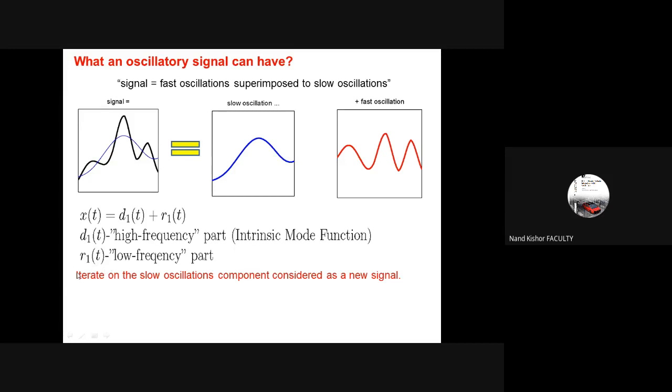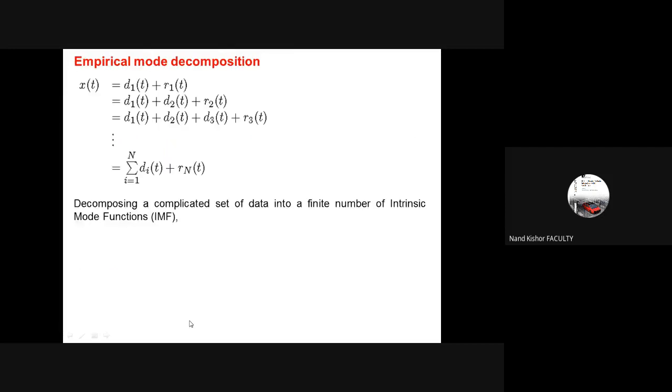So we do the iteration on the slow oscillation component here, which will be considered as a new signal. I will explain it in a later slide, and that will be written as a residue part, this D1, or maybe some other intrinsic mode function, the high frequency component, and then some other residue here. So this will be an iterative process for different levels here.